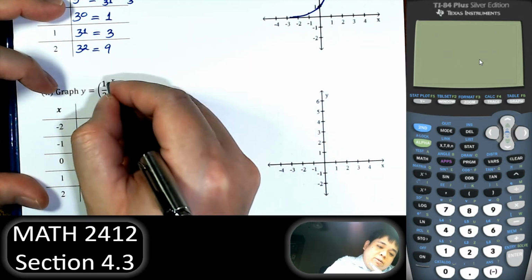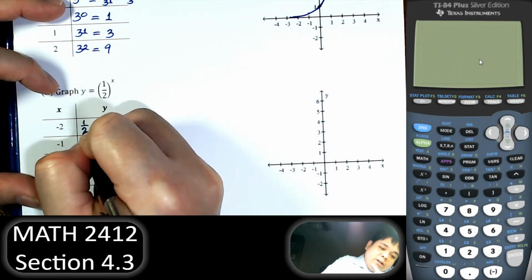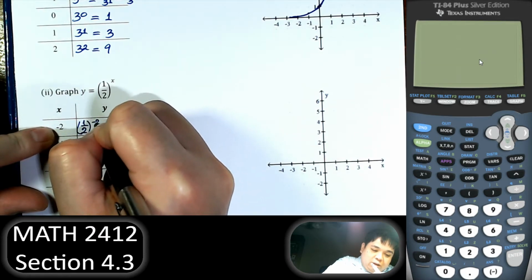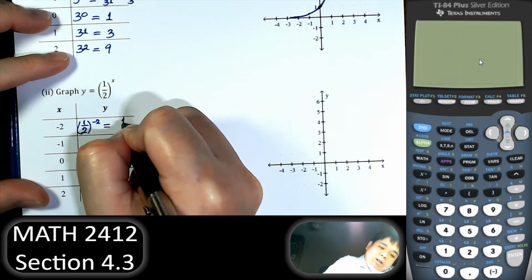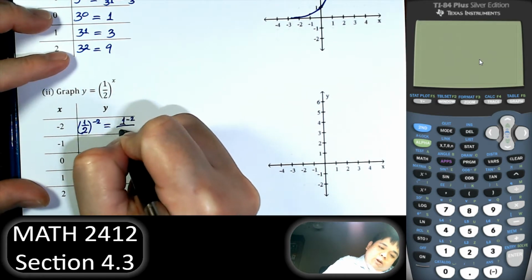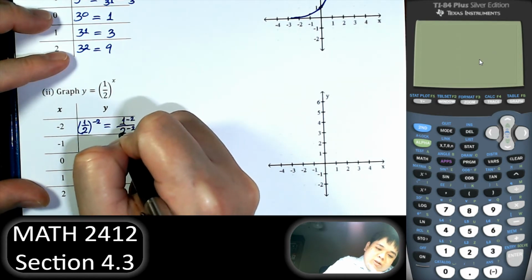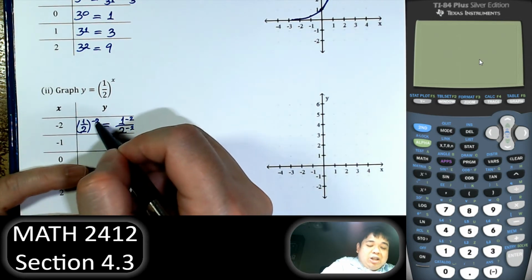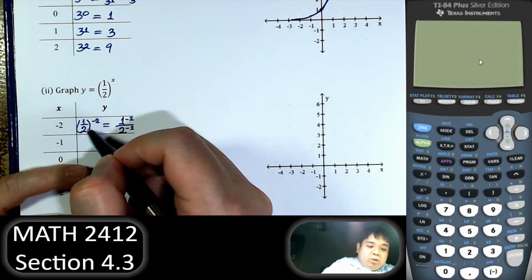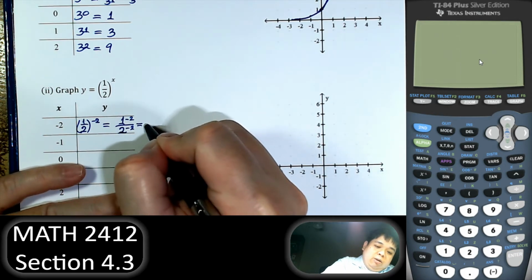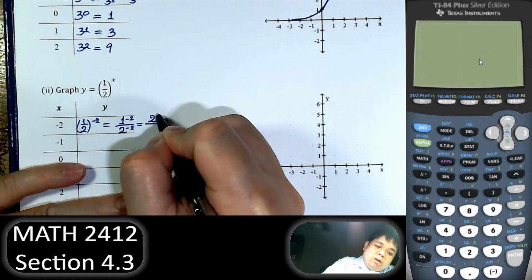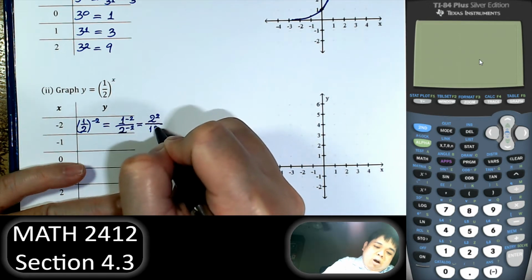Right, 1/2 to the x power. 1/2 to negative 2. That's 1 to negative 2 over 2 to negative 2. Right? The ratio, that power goes to the top, goes to the bottom. Now, cross the line, change the sign. 2 squared goes on top, 1 squared goes at the bottom.